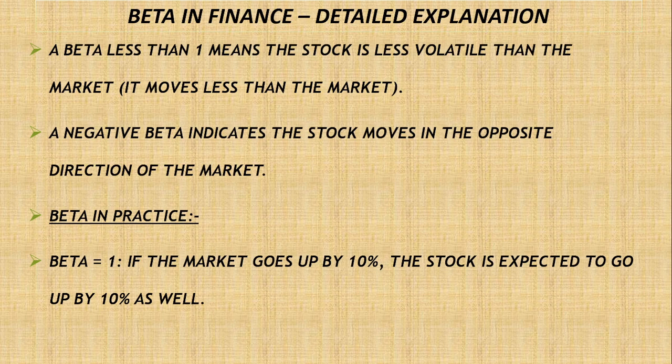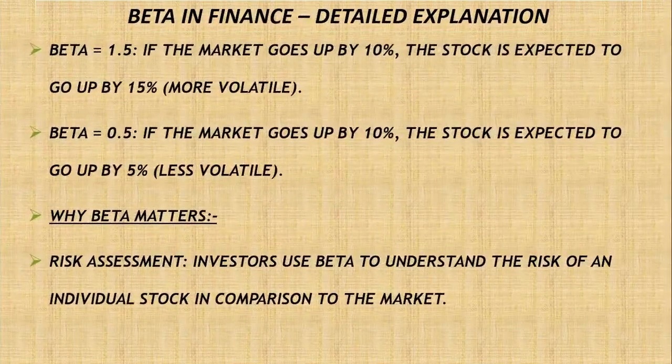Beta in practice. Beta equals 1: if the market goes up by 10%, the stock is expected to go up by 10% as well. Beta equals 1.5: if the market goes up by 10%, the stock is expected to go up by 15%, more volatile.